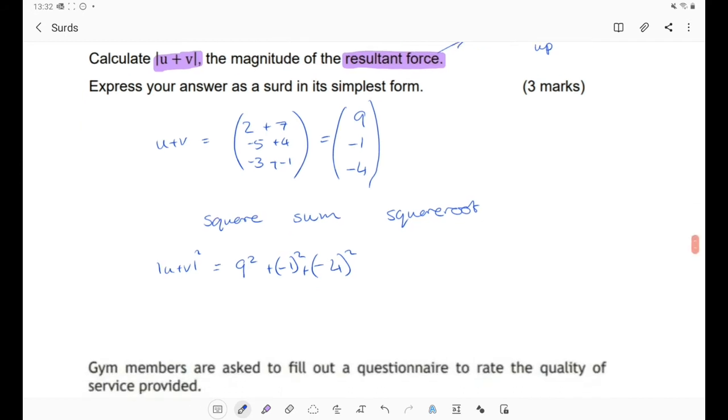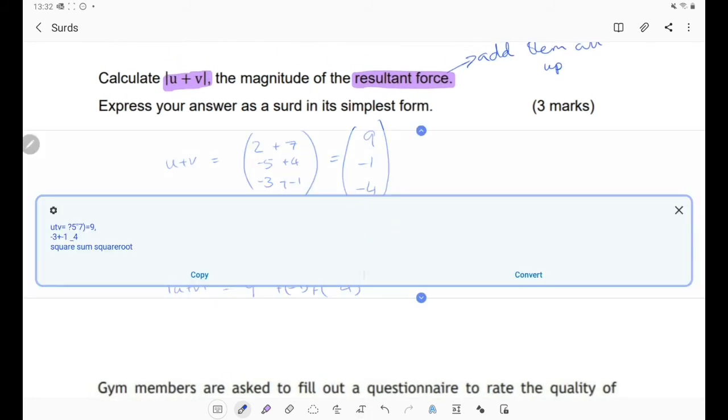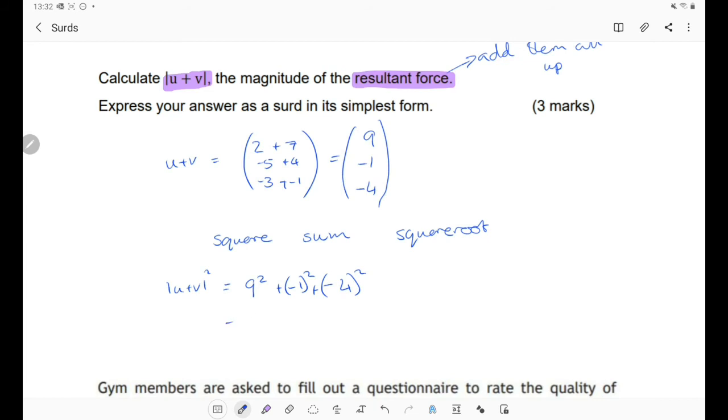Here, you are finding the magnitude squared. So I've got to square them, and then I have to sum them, and that means add them all up. And we're getting 98. So, the magnitude squared is 98.